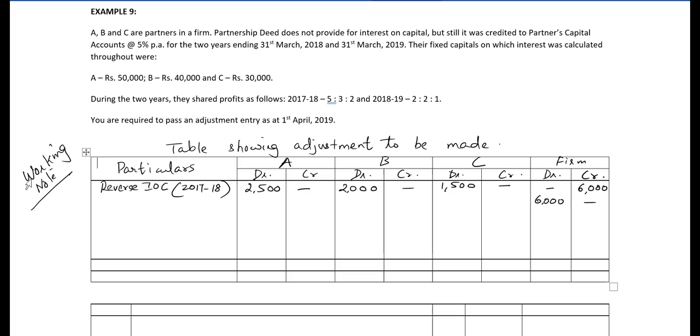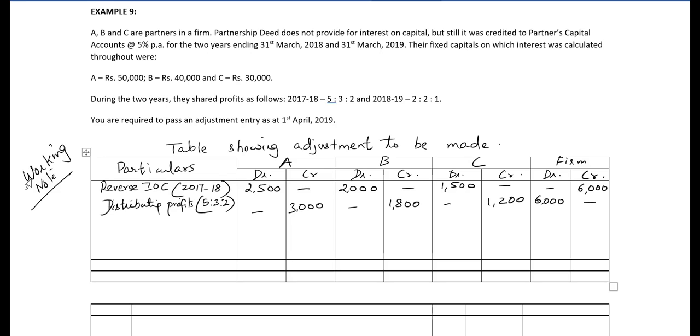On dividing 6,000 in 5:3:2, I get 3,000 for A, 1,800 for B, and 1,200 for C. And here I will write distributing profits, and for this year the profits are in the ratio of 5:3:2.